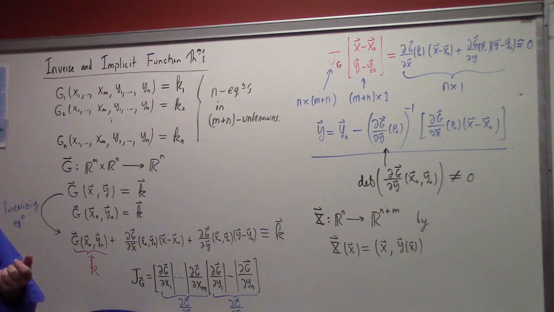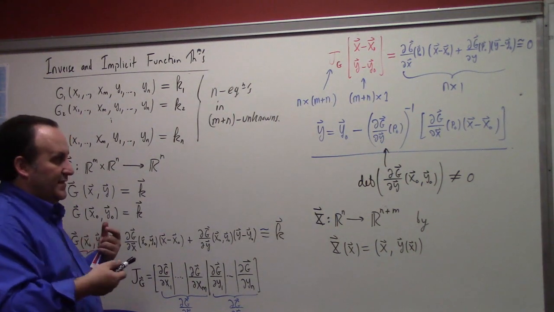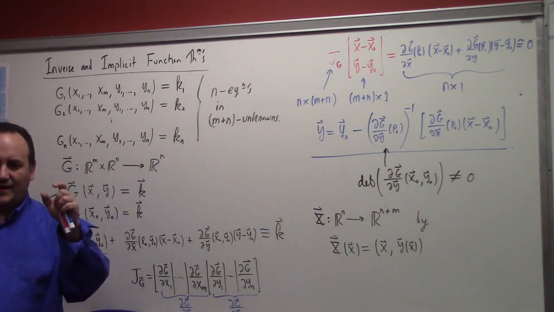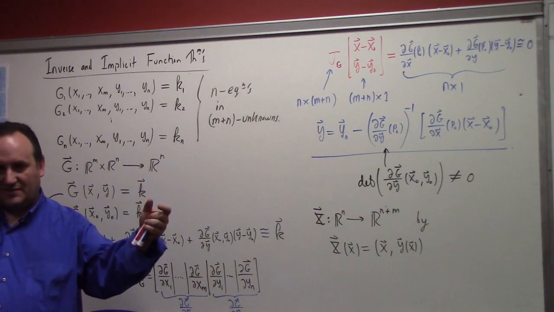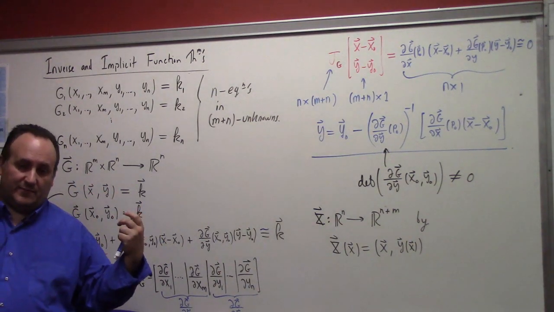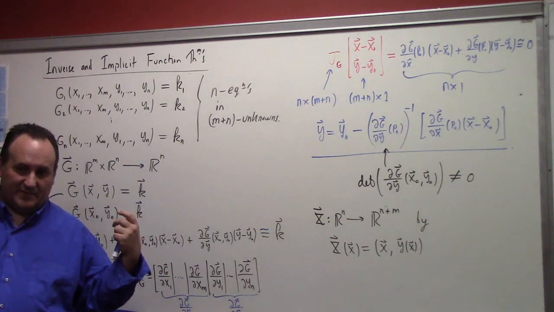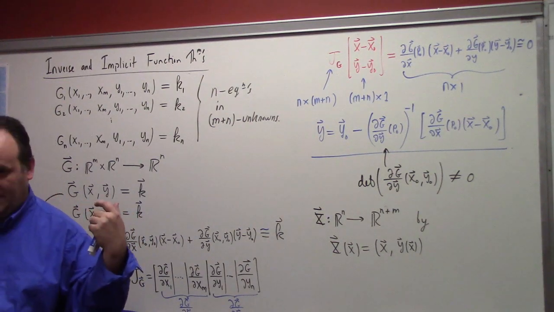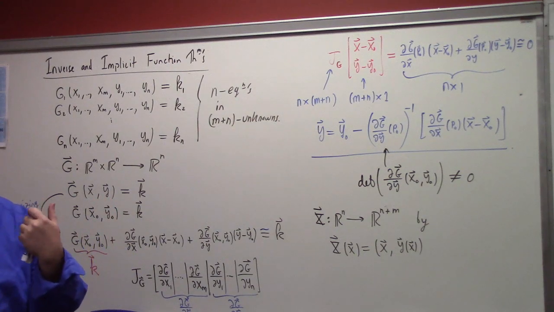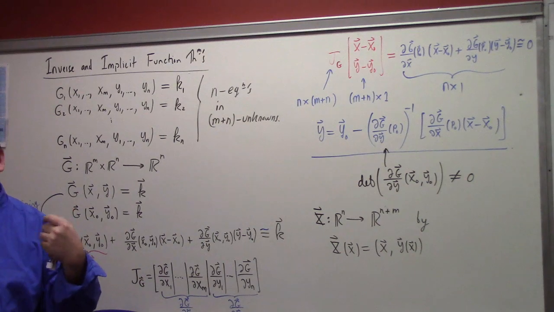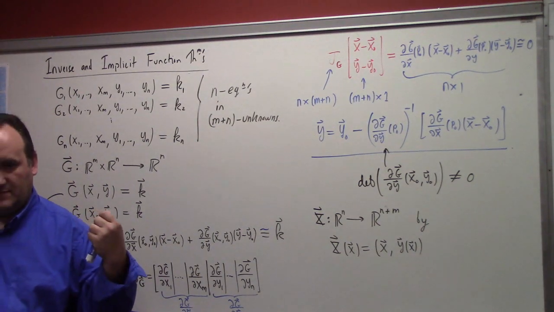The more complete statement of the implicit function theorem is that you can pick any n variables in your m plus n variables, and concatenate the columns of the Jacobian matrix of the level function, the g vector. If the n by n submatrix of their partial derivatives is invertible, then you can solve for that set of n variables.